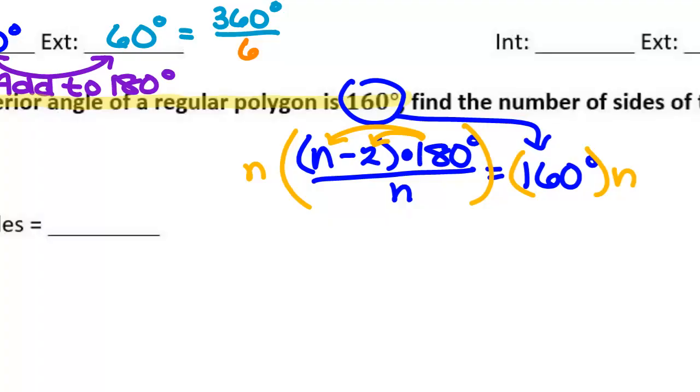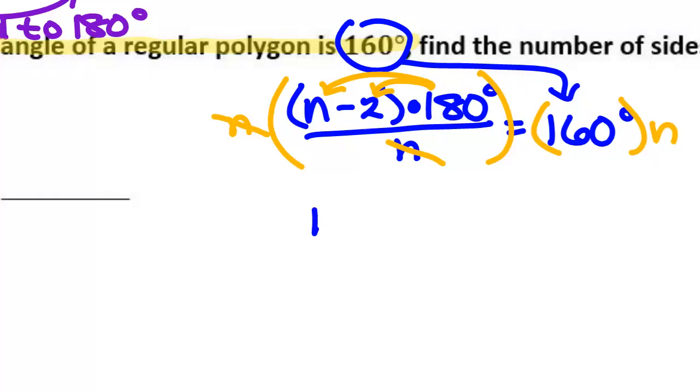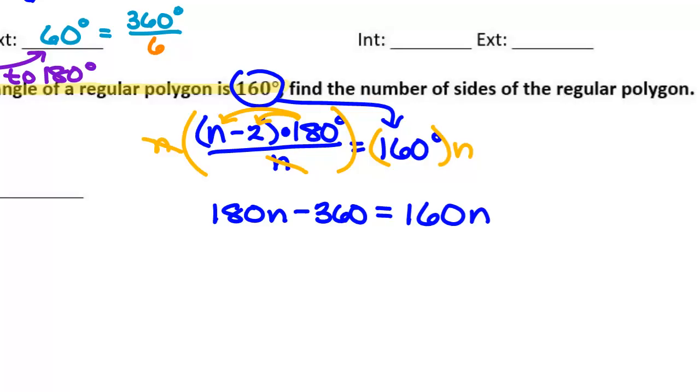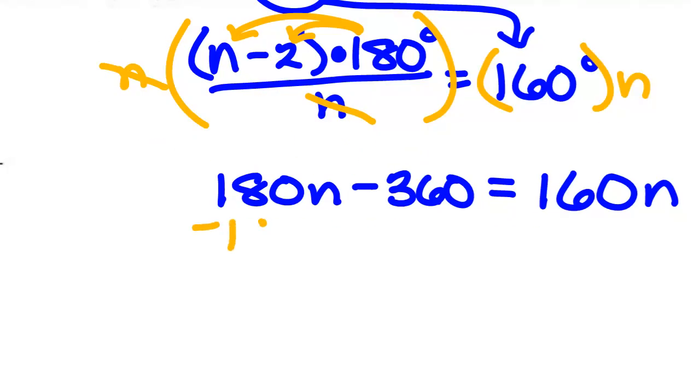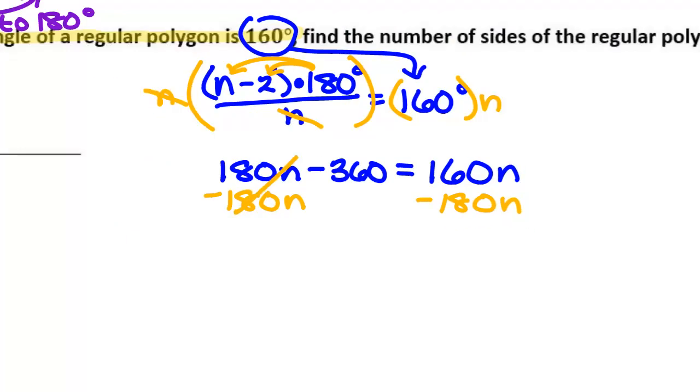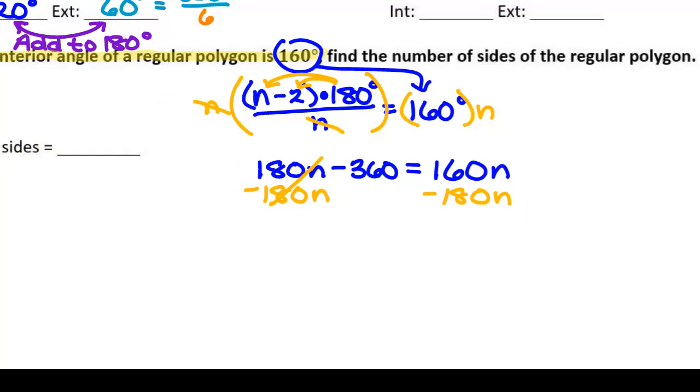And while we're doing that, we're also going to distribute this 180 inside those parentheses. So over on the left, the n that we multiply by and the n in the denominator cancel out. When I distribute, I would have 180n minus 360 equals 160n. I want to get my n's to the same side, so I subtract 180n from both sides. I do not subtract the 160n from both sides because that would leave me a 0 over on the right, and I don't want a 0 as part of my equation.